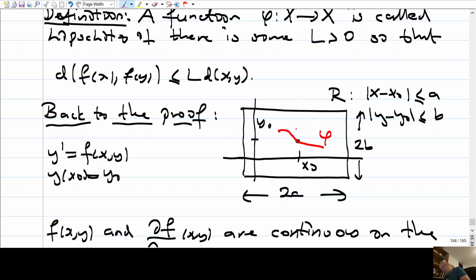I will obtain some other function, theta phi.